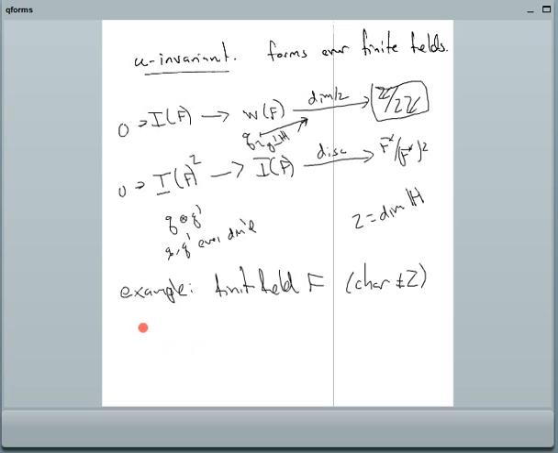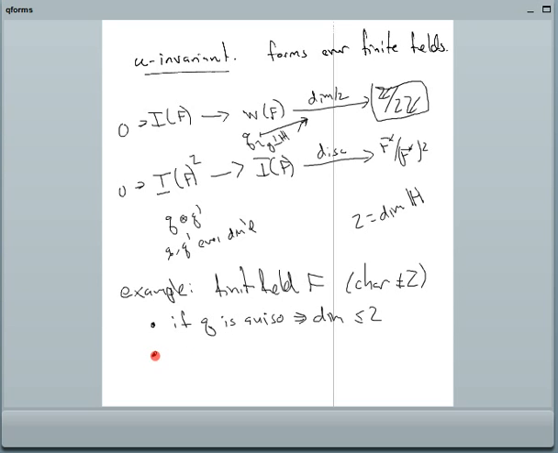Then two things turn out to be true. If Q is anisotropic, then its dimension is less than or equal to 2. This is just a fact about finite fields: if you have a quadratic form in 3 or more variables, it can never be anisotropic.